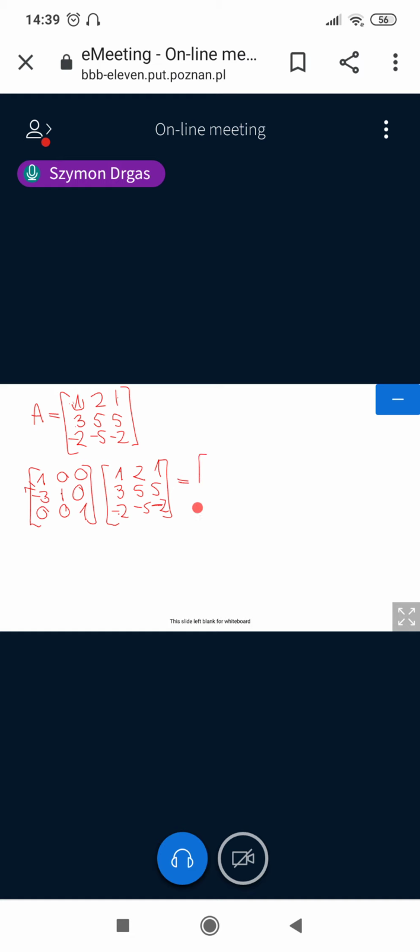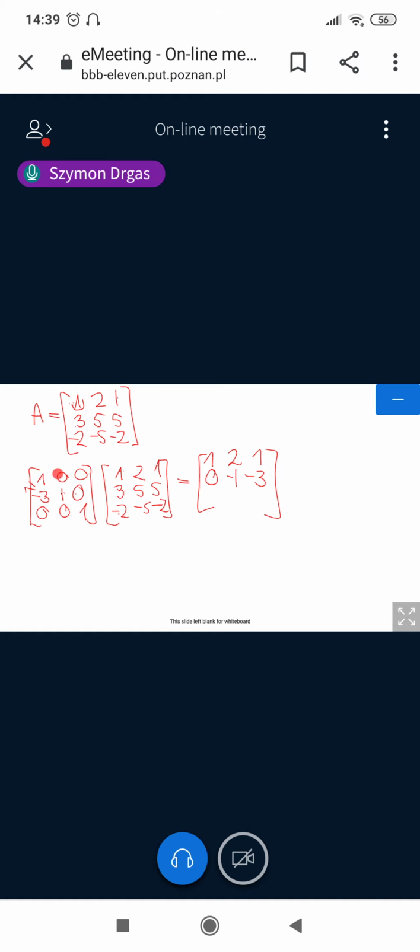And then if we multiply these two matrices, then I have 1, 0, 0. So it means that I have to rewrite this first row. Then we have -3 plus 3 is 0. -6 plus 5 is -1. -3 plus 0 is -3.